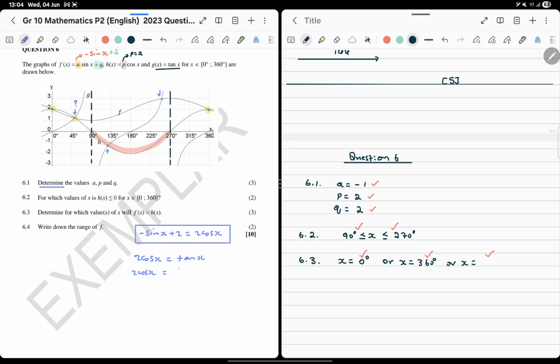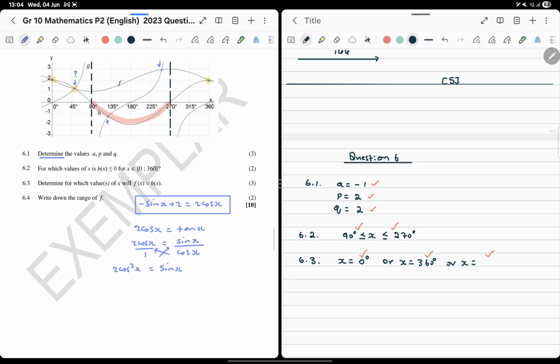This is 2 cos x is equal to sine x over cos x. Okay, right, now this is all over 1. Can cross multiply here. So this means we've got 2 cos squared x equals sine x.